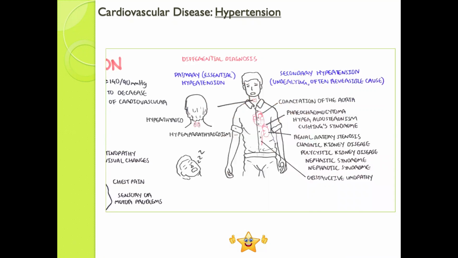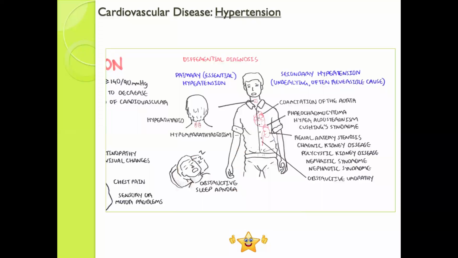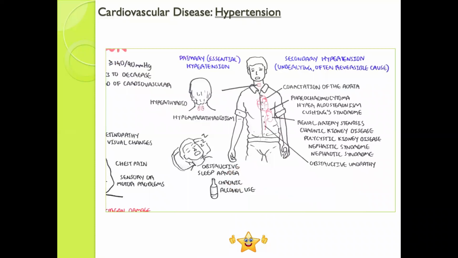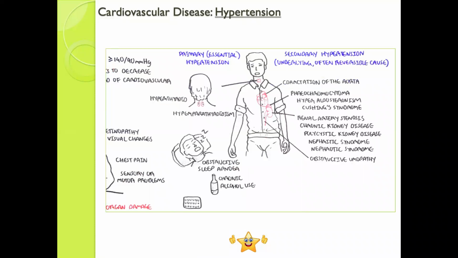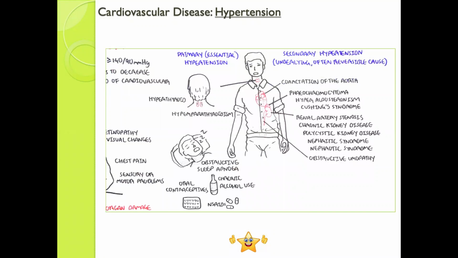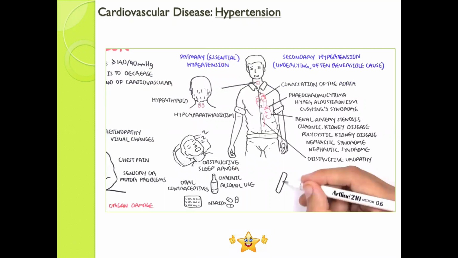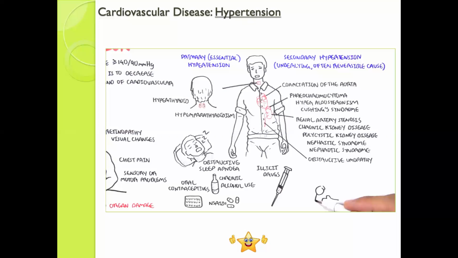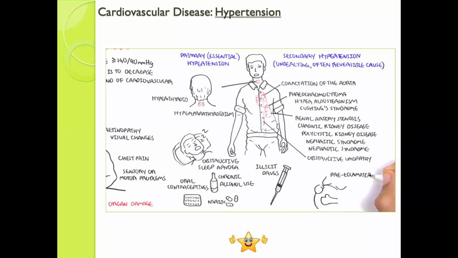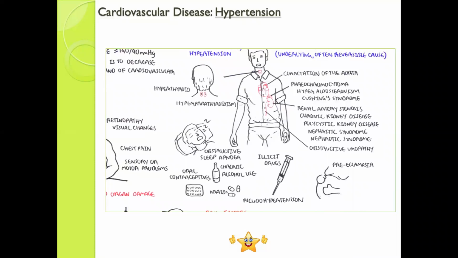There's also sleep apnea, chronic alcohol use, use of oral contraceptives, non-steroidal anti-inflammatory drugs, illicit drugs such as cocaine or methamphetamine, and preeclampsia in females. So those, again, were some causes of secondary hypertension.